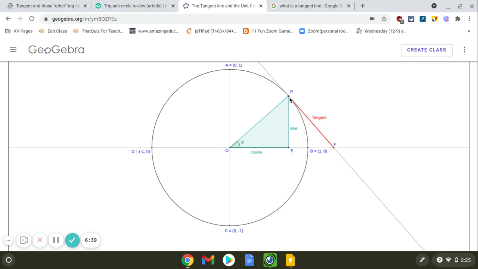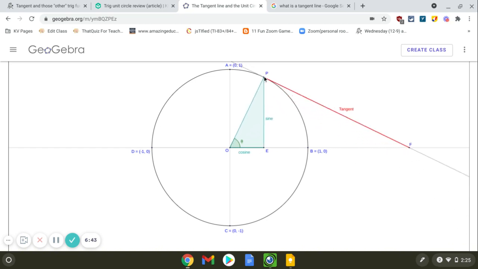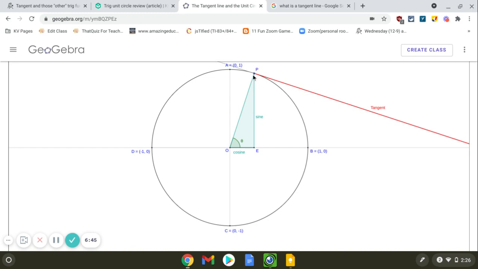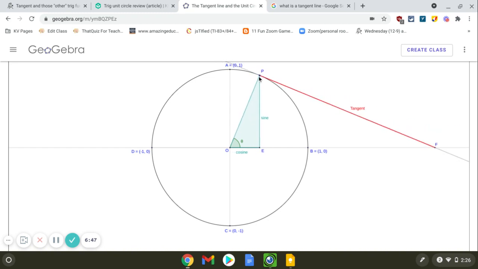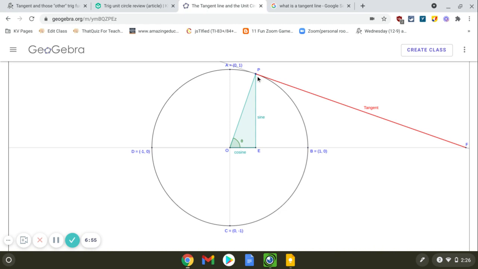Now what kind of happens here at the extremes, all right, as I get closer and closer and closer, hopefully you see what's happening. We can't do the tangent of 90. If you remember, tangent of 90 was undefined. And that's because my tangent line, I'm trying to find the distance from point P to the x-axis, to where the tangent line intersects with the x-axis.